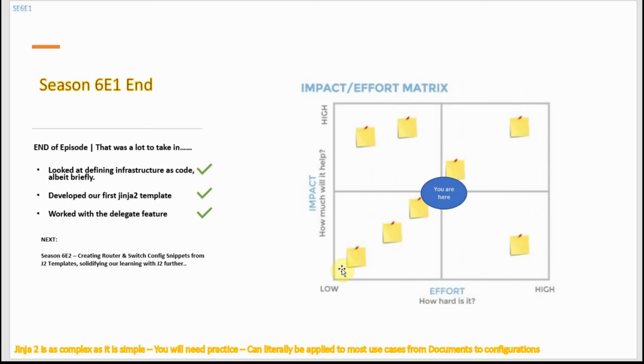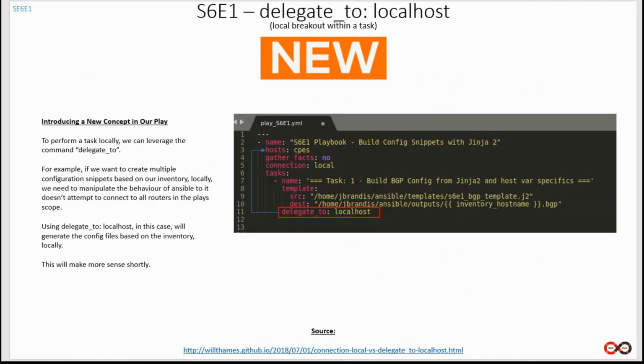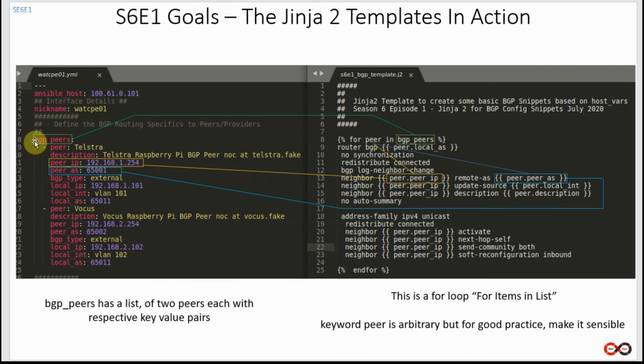So based on that, that was a lot to take in. We looked at really defining infrastructure as code. You may have not understood you were doing that, but when you're over here looking at describing your BGP configuration, that's really your first journey to infrastructure as code. And you've got to think of ways to really define your infrastructure in kind of a best practices way.